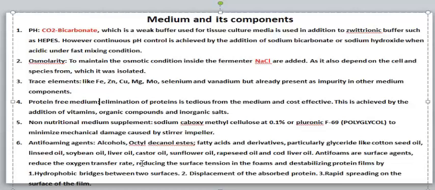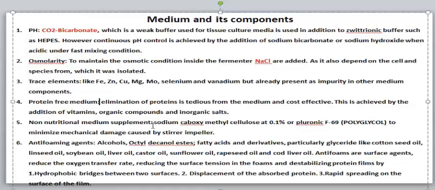They destabilize protein films by reducing the surface tension through hydrophobic bridging, energy displacement of the adsorbed protein, and rapid spreading on the surface of the film.